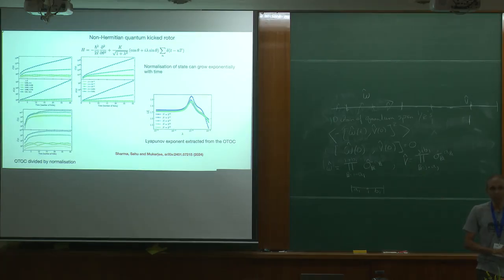So the OTOC is a way of extracting classical information in this quantum system by looking at the most appropriate quantum object, whereas mutual information is going to give you the complete quantum information for the system. That's really more like the entanglement.